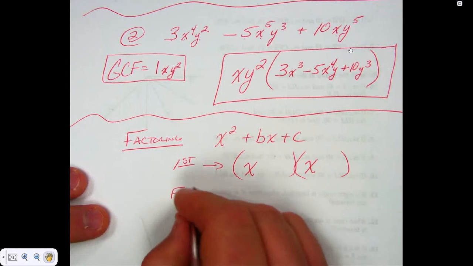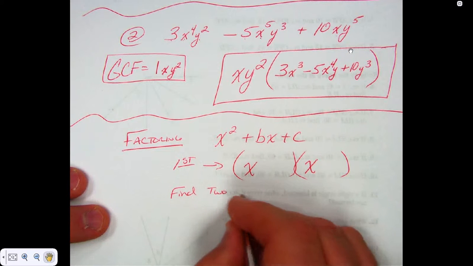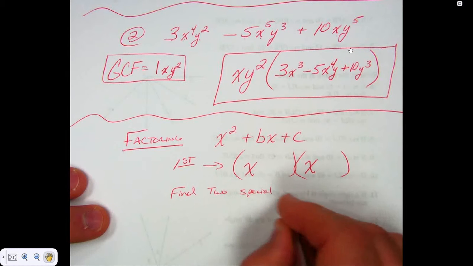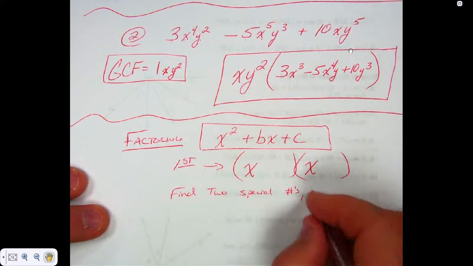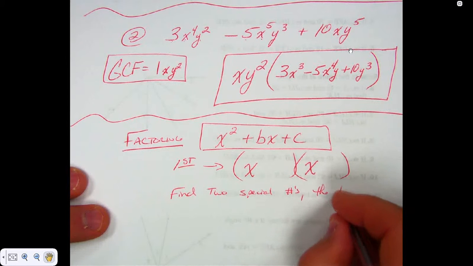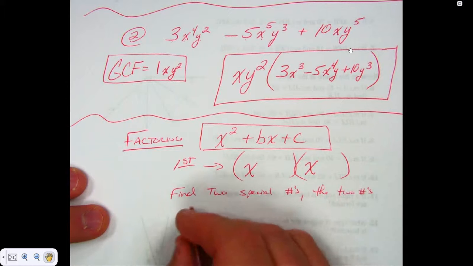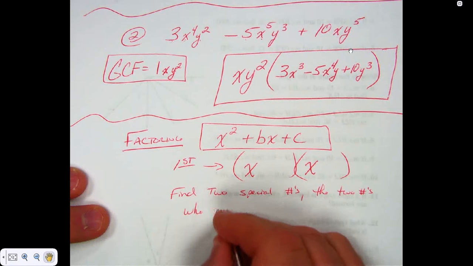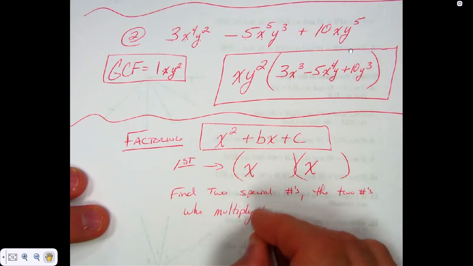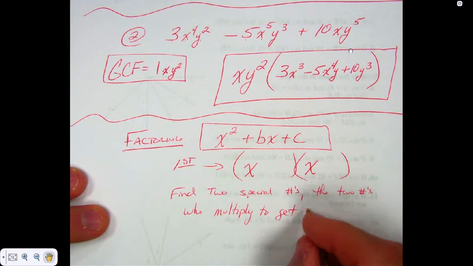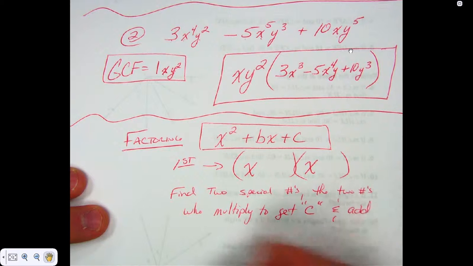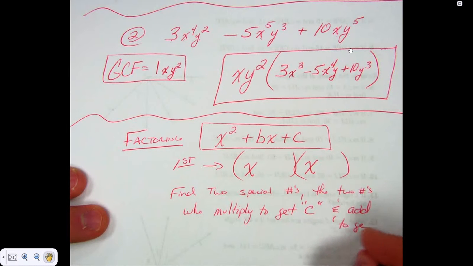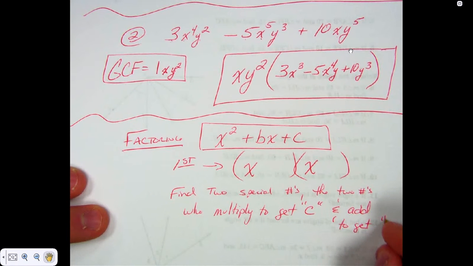Then you find 2 special numbers. The 2 numbers who multiply to get c and add to get, you guys remember? b.